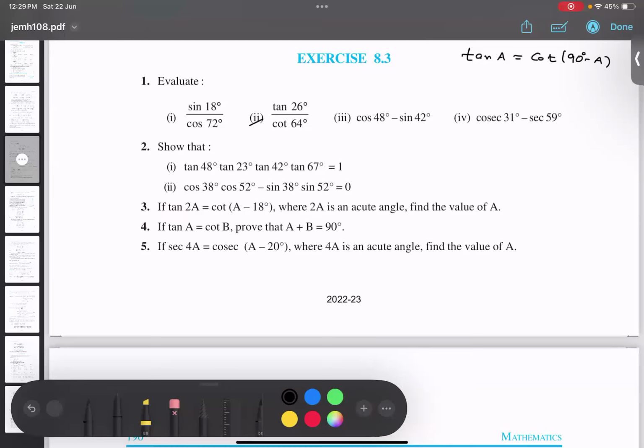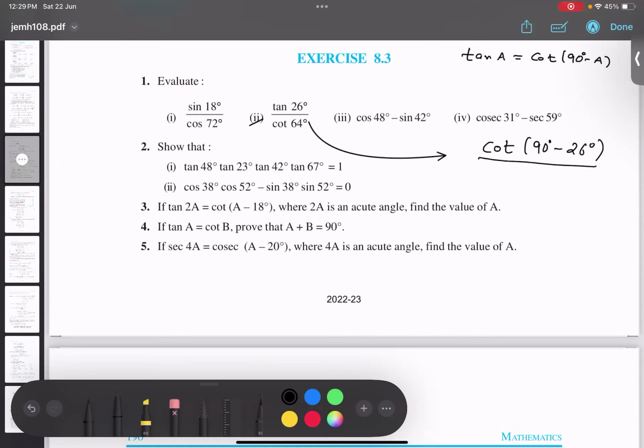Always remember the rule for solving this exercise or similar questions: solve any one, either the tan one or the cot one. In this question, I'm going to solve the tan. So tan 64 can be written as cot of 90 minus 26 degree.